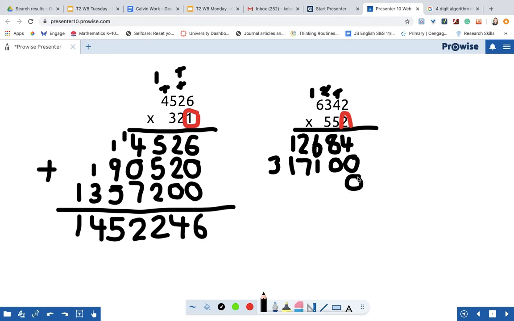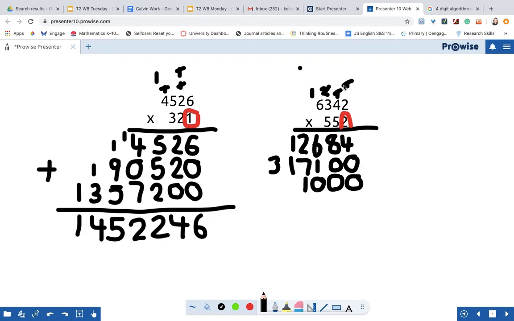Now, remember, for our hundreds, we add on 2 zeros. So last round of times tables. So 2 times 5 is 10. So 0 again. Carry the 1 up here. 4 times 5 is 20 and 1 is 21.